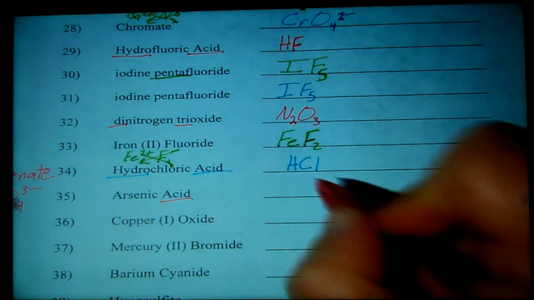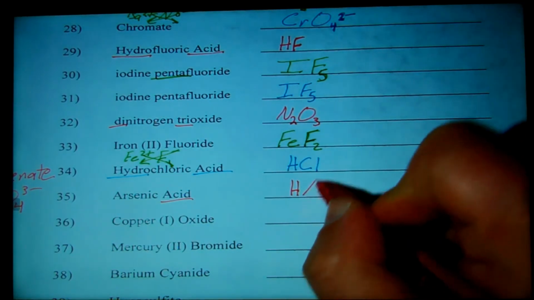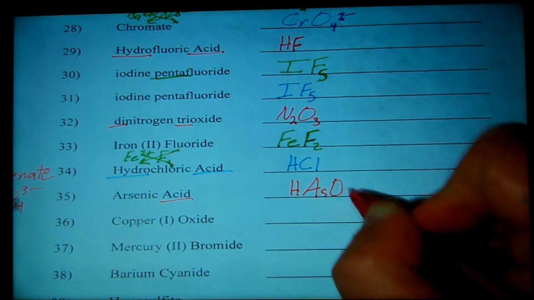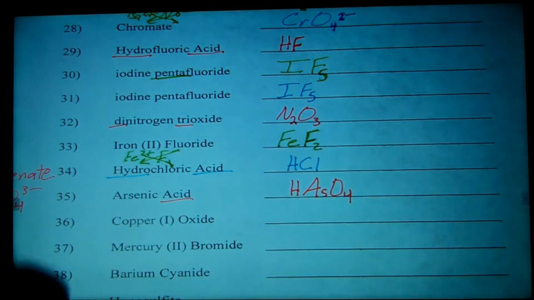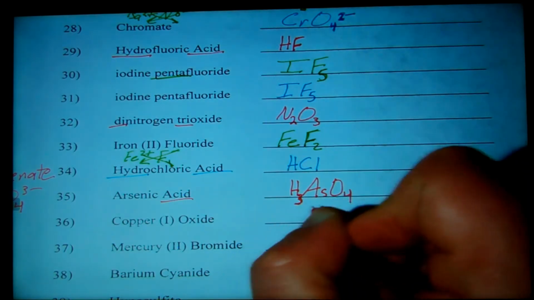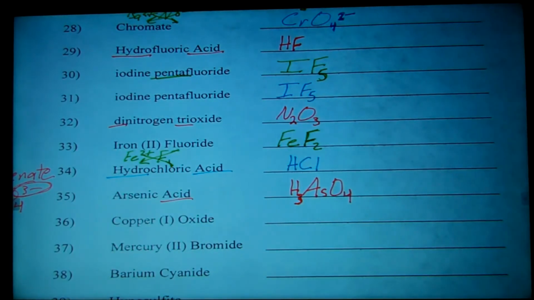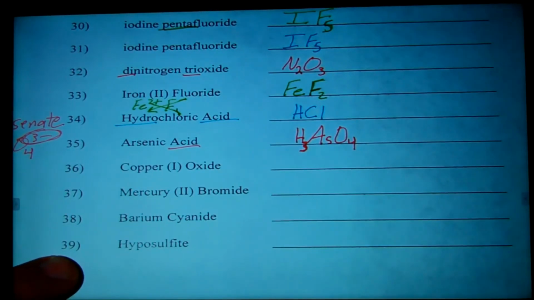So hydrogen first, because it's an acid, then write down the chemical formula, AsO4, from that polyatomic. There's a 3 negative, which means I need 3 hydrogens. So remember, that 3 negative is where I'm getting that charge from. Alright guys, I'm sorry that one did not turn out looking so good, but that's H3AsO4.